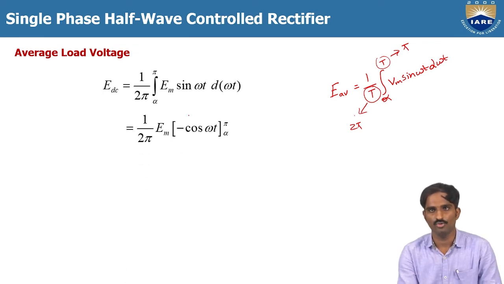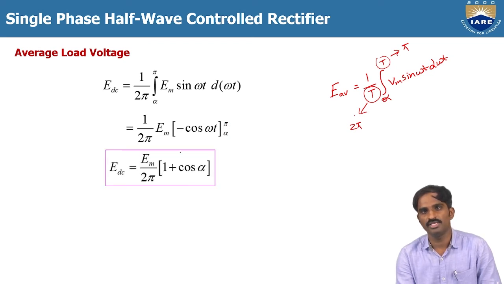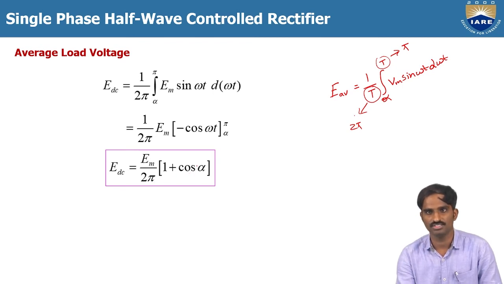The integral of sin omega t is minus cos omega t, and then you substitute the limits from alpha to pi, then you will get EDC is equal to Em by 2 pi into 1 plus cos alpha. This is the standard equation, so everybody should remember this one.